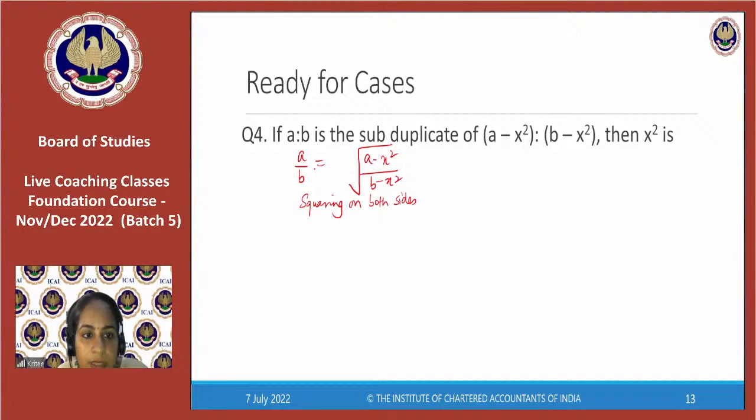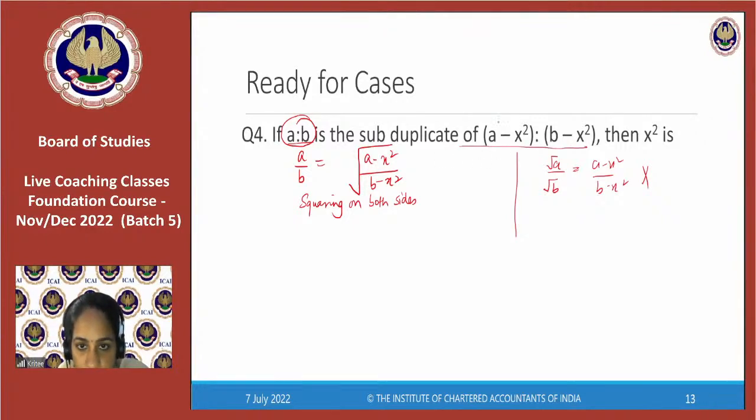Yeah. So what would we do in order to remove this? Okay, try to understand. Students often get confused. What they do is they say square root of A and square root of B is equal to A minus x square and B minus x square, which is wrong. Try to understand. A is to B is the ratio, but it is the subduplicate of this ratio.